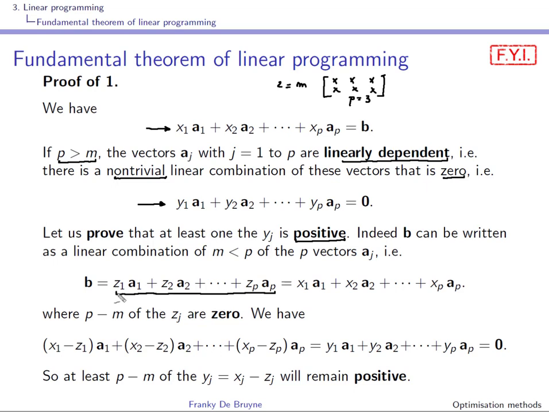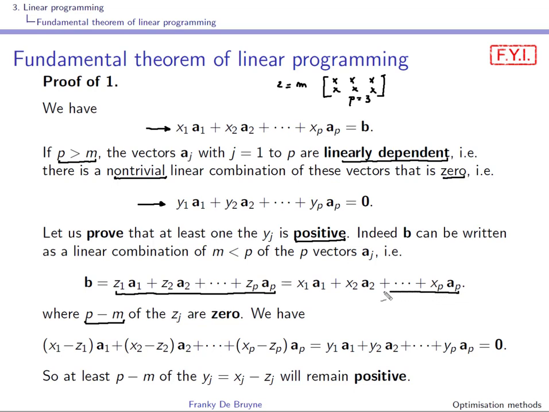And in this linear combination, there are a number of these coefficients z_j that are 0, and they correspond to p minus m coefficients z_j that are 0. This is because we have written b as a linear combination of m of these columns, right? Well, we had already written b in this fashion over here. This is expressing that x is a feasible solution.